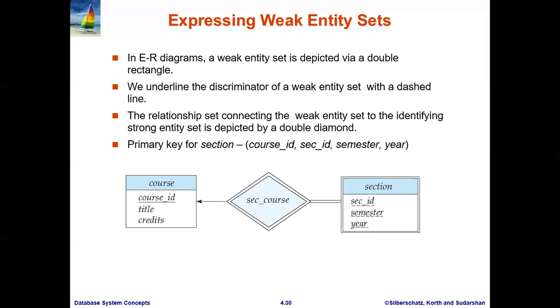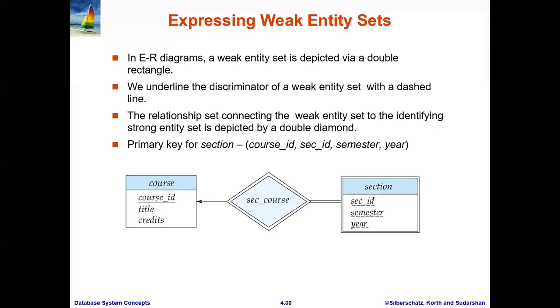Course has a primary key, that is course_ID, which has an underline. So in a rectangle the attribute names are written inside, and the attribute which has an underline always acts as the primary key of that entity.